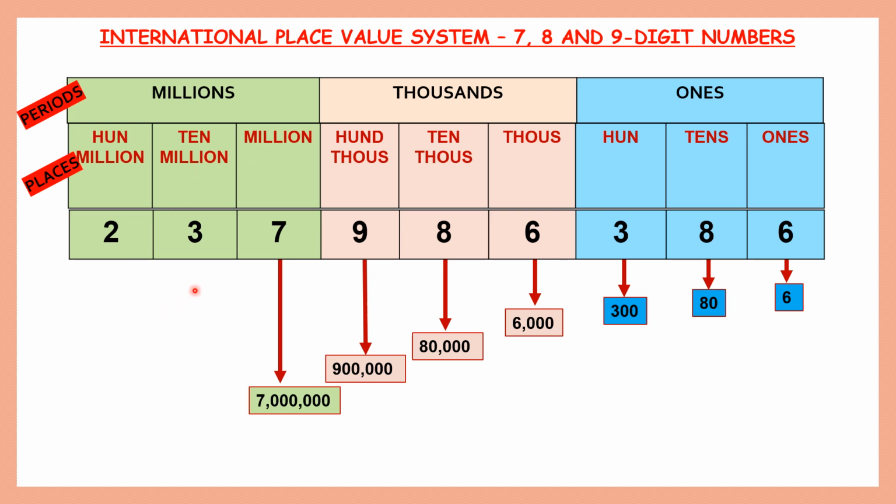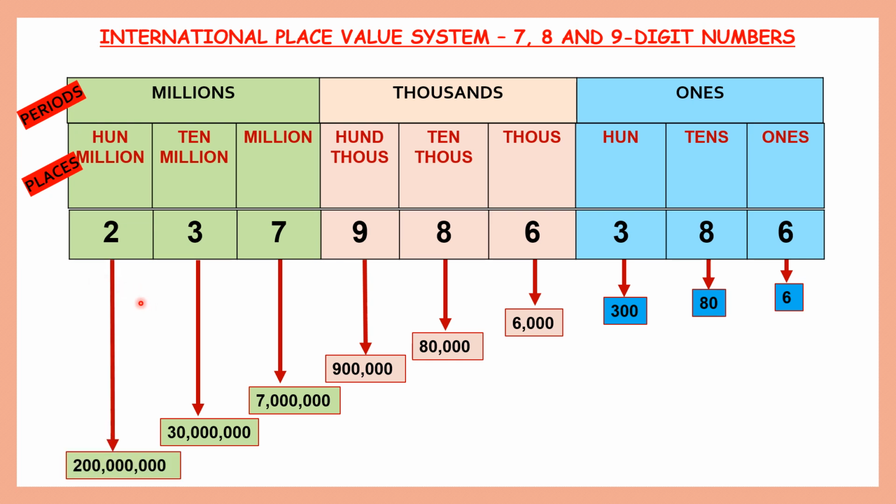Then we go on to the next one, that is 3 is in the 10 millions place. So 3 into 10 and then million. 3 into 10 is 30 million. So 30 followed by 6 zeros. Here we have 7 followed by 6 zeros. Then 30 followed by 6 zeros. Now 2 is in the 100 millions place. So the place value of 2 is 2 into 100 million, making it 200 million.